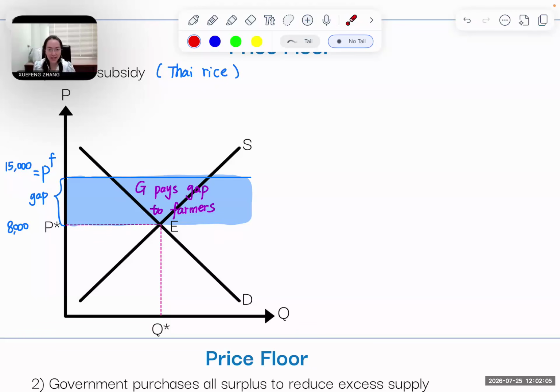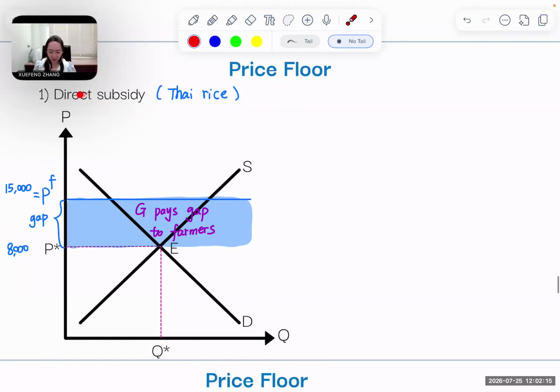No surplus ever shows up because demand was never scared off by a higher, stickier price. Okay, so for direct subsidy, nothing moved. Nothing moved, right? No surplus.